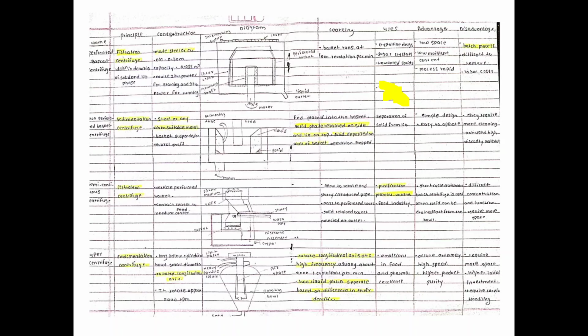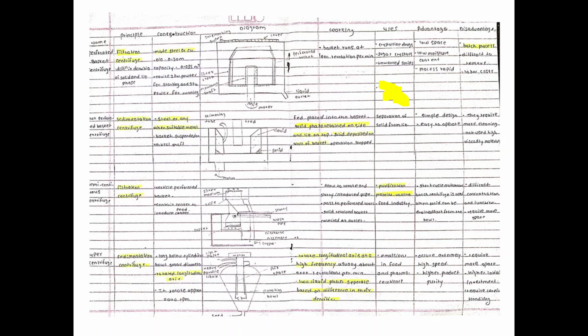The first one is the perforated basket centrifuge. In this centrifuge, the basket is mounted above the driving shaft and it is used for batch processes. The basket is used to hold the materials.